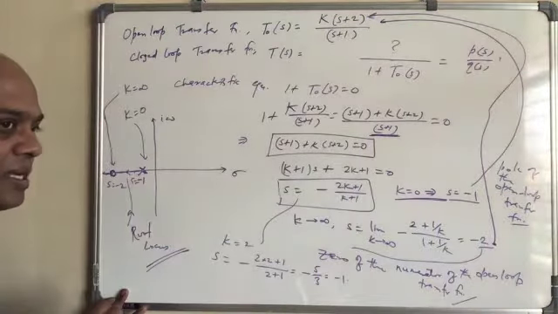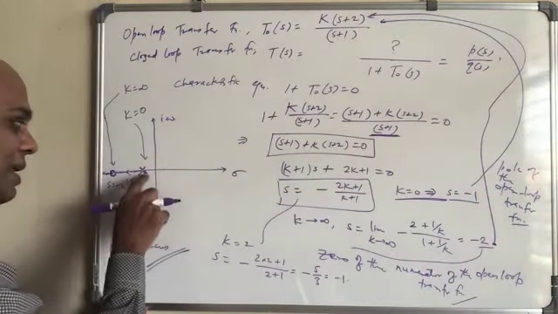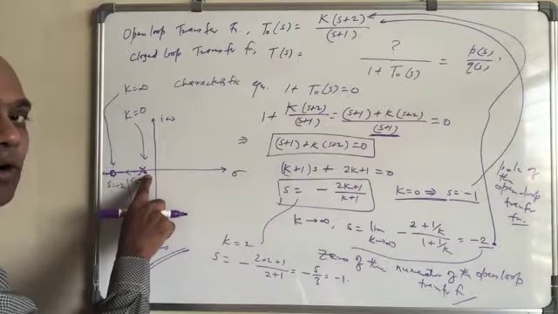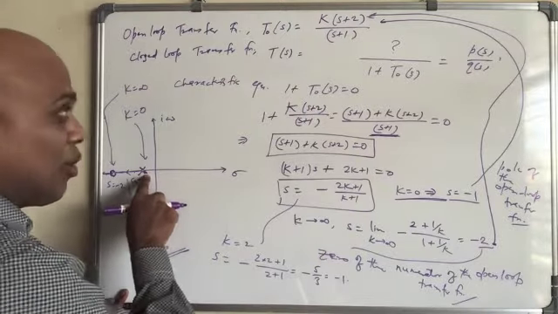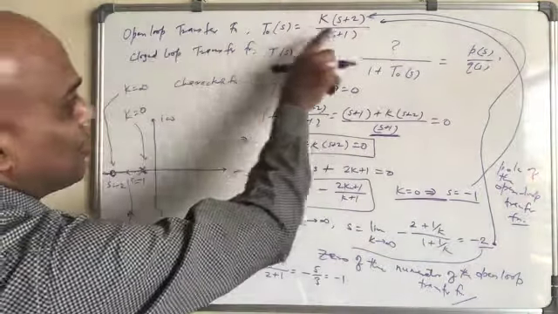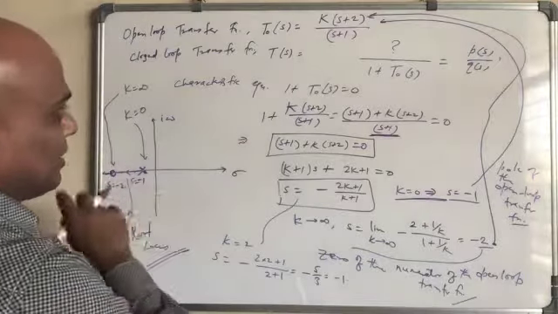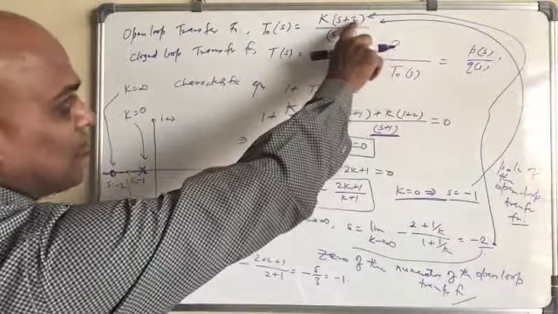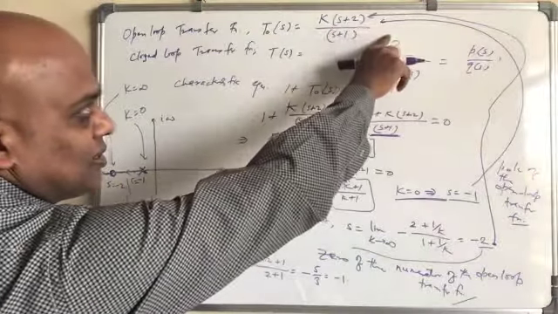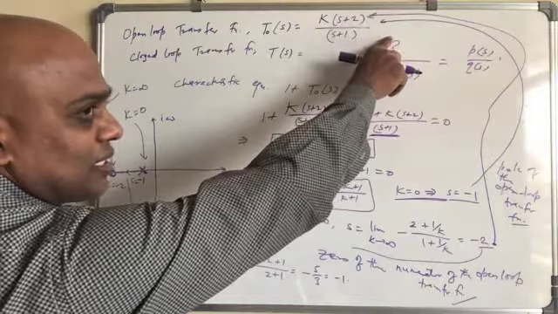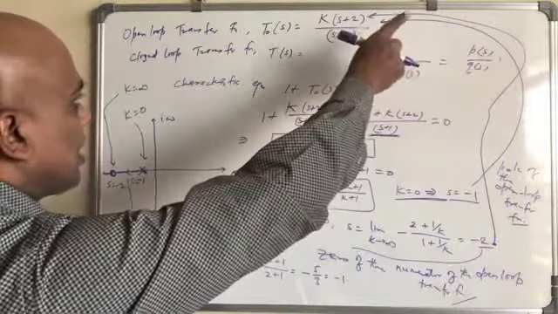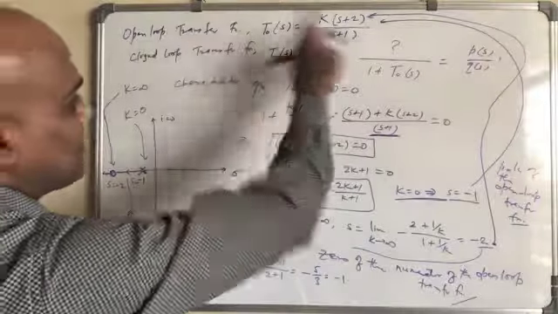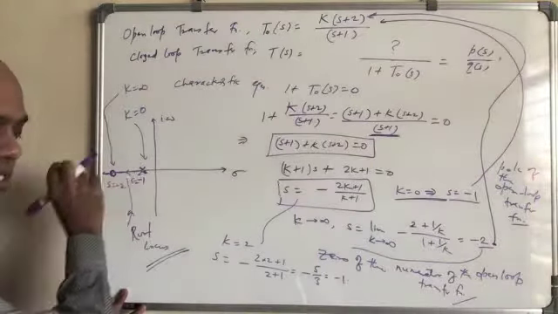Those are the poles of the open loop transfer function. Then the numerator, you make it equal to 0. Whatever value of s you get, you call the 0 of the open loop transfer function. You denote it like 0 here.